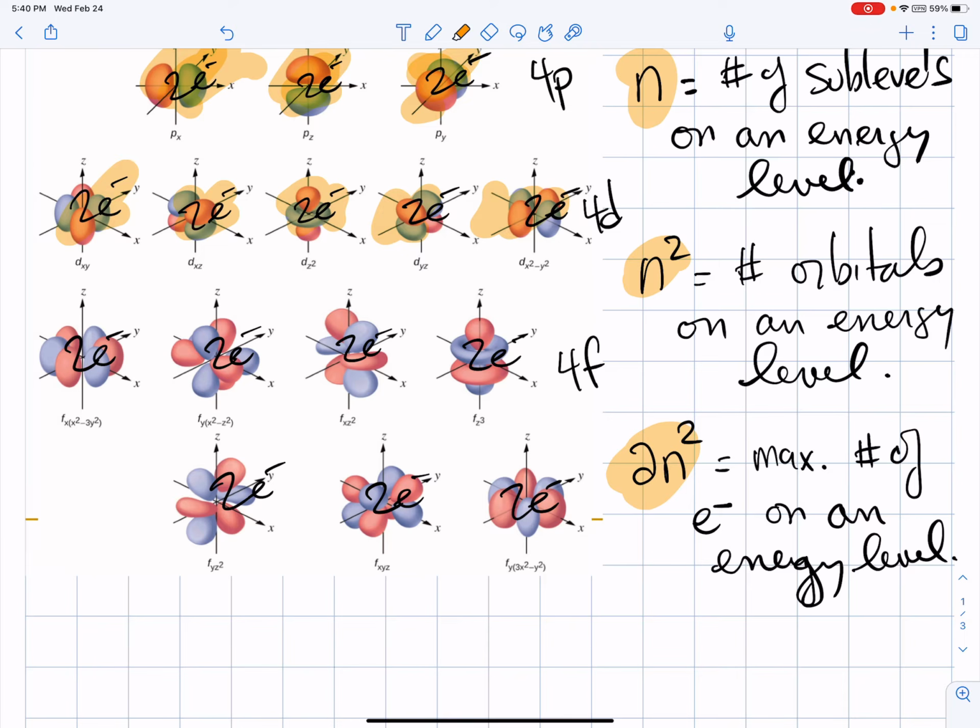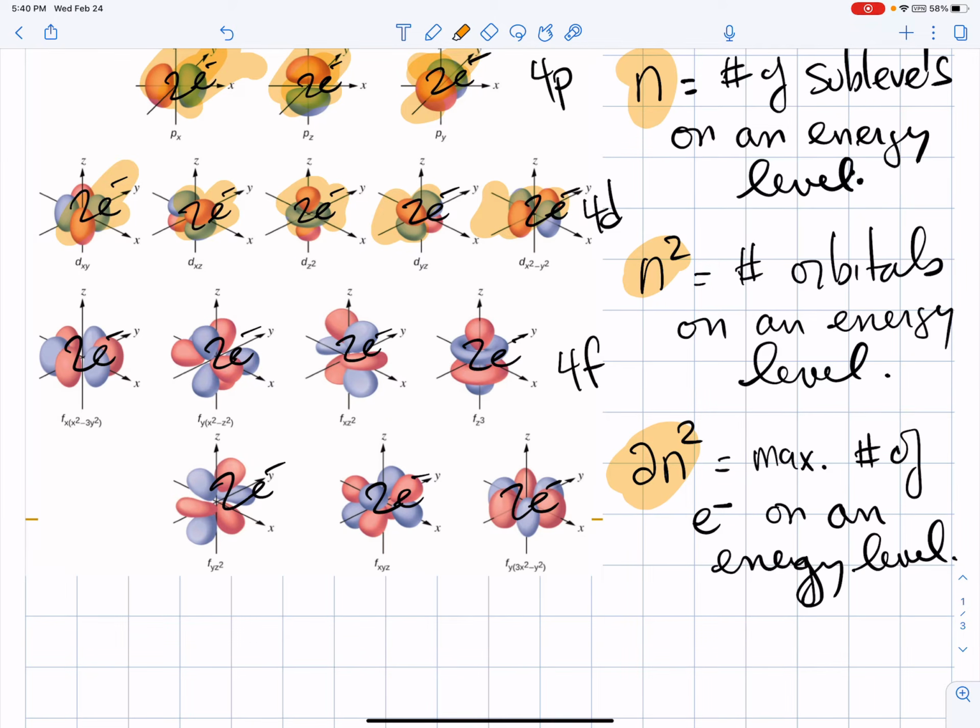So pause and write that down if you have to. So 2n squared is the maximum number of electrons in a given energy level. If you're on energy level 3, 2 times 3 squared is 2 times 9. There will be 18 maximum electrons in energy level 3.